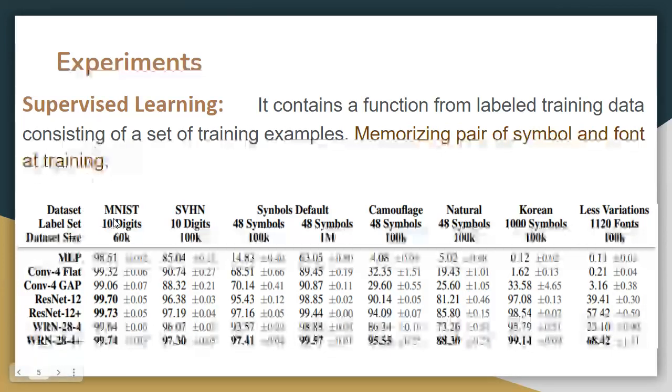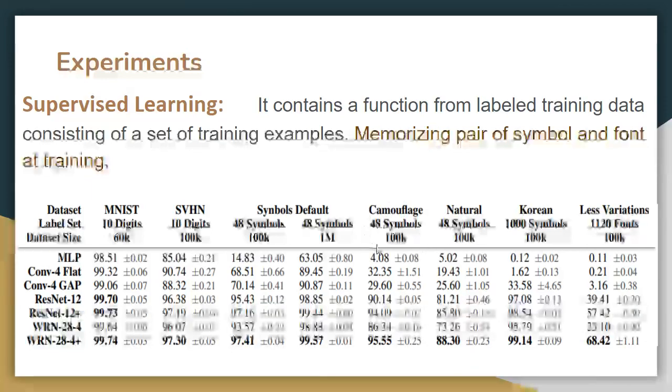We have used supervised learning on MNIST and symbol default and camouflage, which is used for blurred images, and natural Korean and less variation fonts.